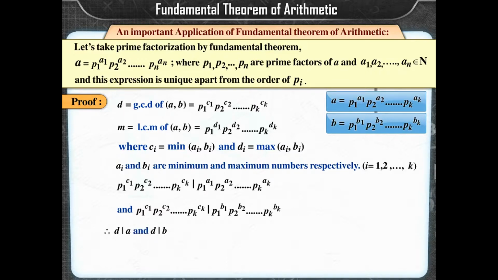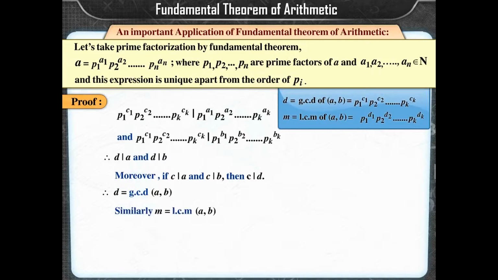Therefore, D divides A and D divides B. Moreover, if C divides A and C divides B, then C divides D. Therefore, D is equal to the GCD of A and B.